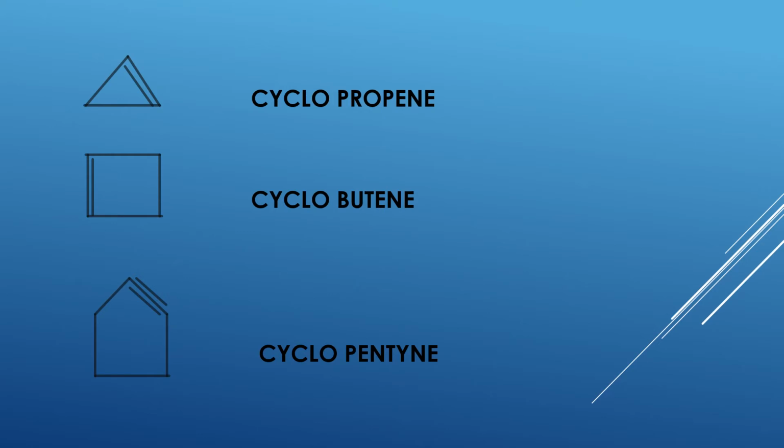If it is an open chain, we have to give the numbering compulsorily for butene, pentyne or pentene, whatever. But as it is present in a cyclic, closed chain form, we are not going to give the number here. If any other substituents are there, then we compulsorily have to mention the locant, meaning on which carbon that particular functional group, triple bond or double bond, is there. Here, no need.